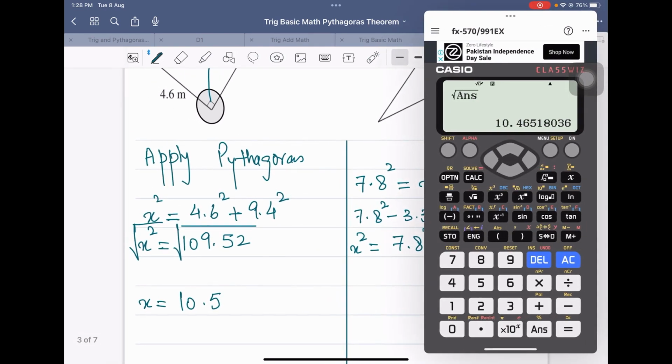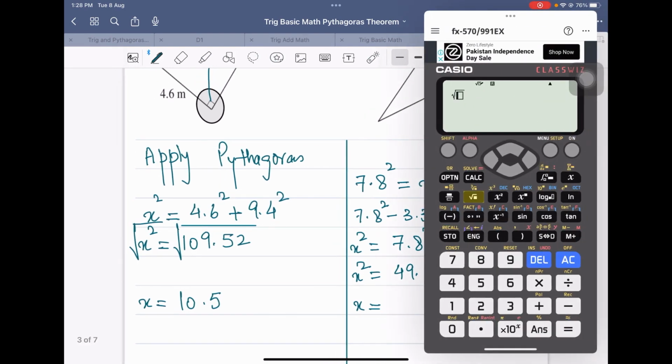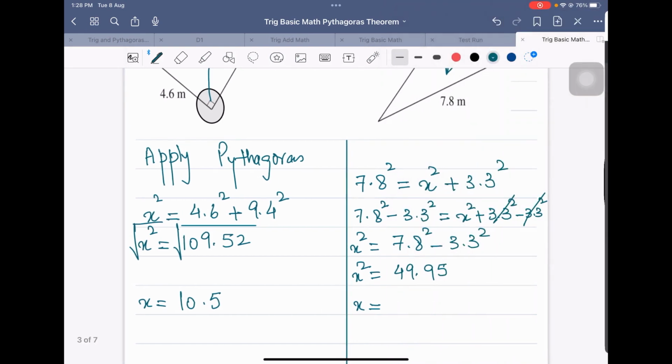You can directly write 7.8 squared minus 3.3 squared. The answer is 49.95, so x squared is 49.95. You square root both sides and x gives you 7.1.